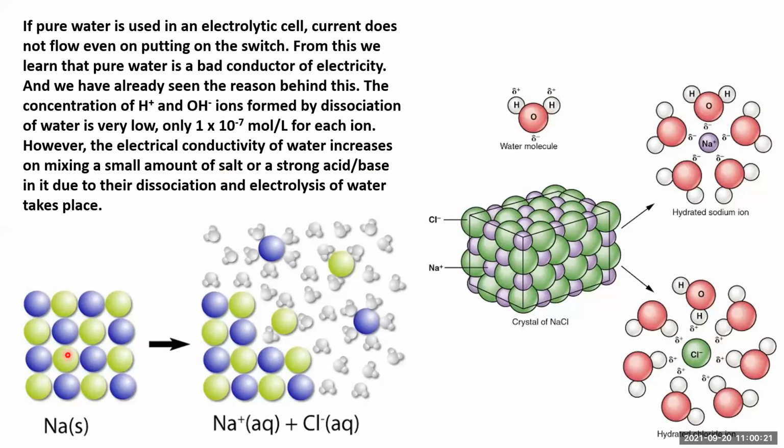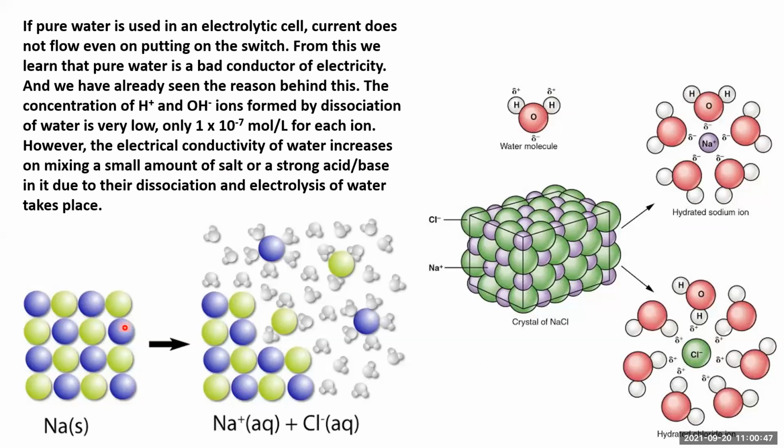See, this is the molecular structure of NaCl, that is salt. These bluish and greenish elements are Na and Cl, arranged in a definite structure to form the NaCl compound.